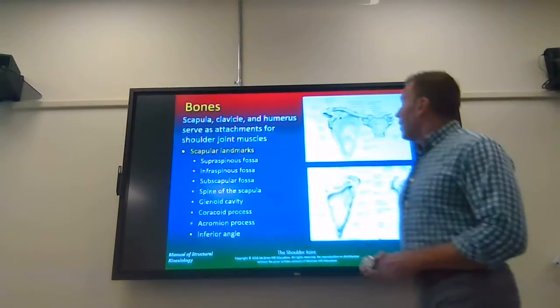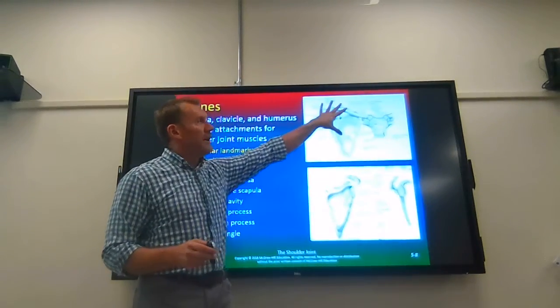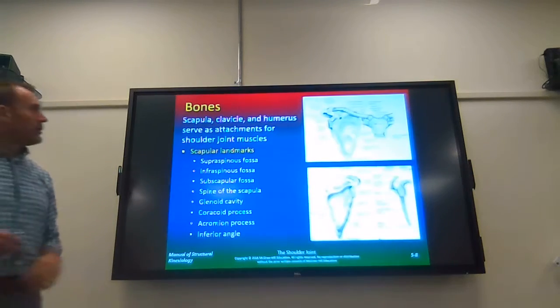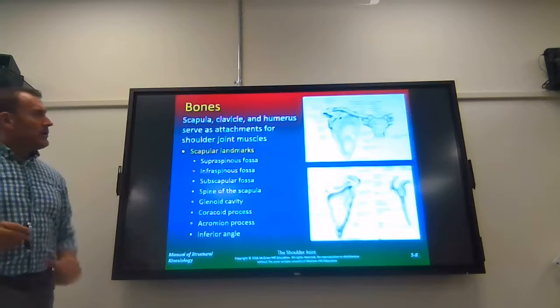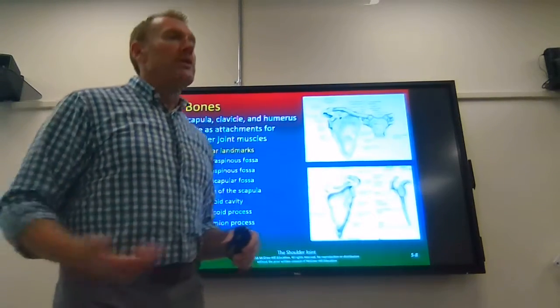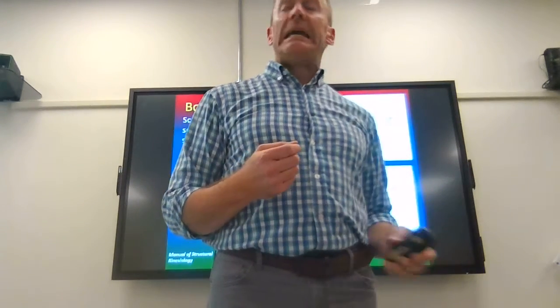Okay, so bony landmarks. So what if I put this on the next exam? Should be able to label it with a word bank. So scapular landmark, supraspinous fossa. So provides the origin for what muscle do you think? Supraspinatus.